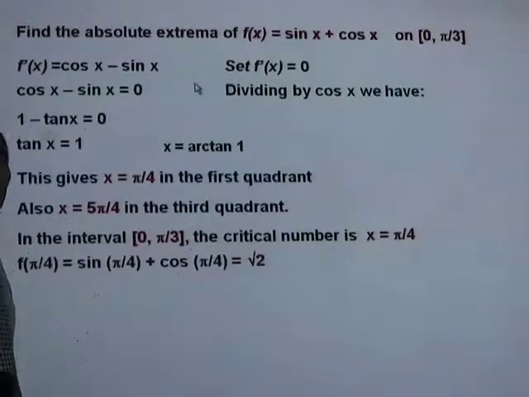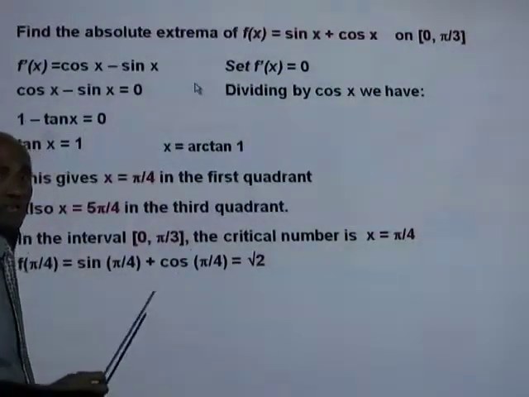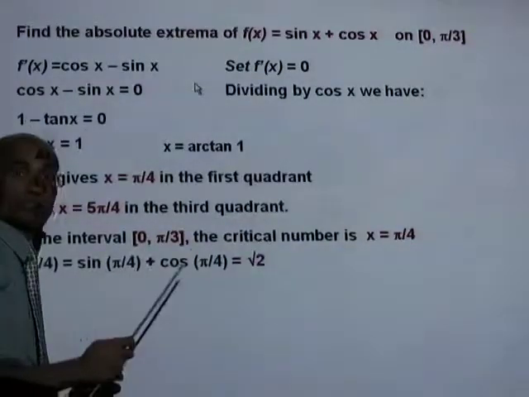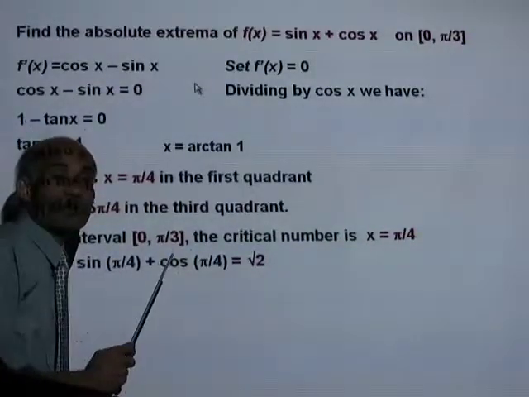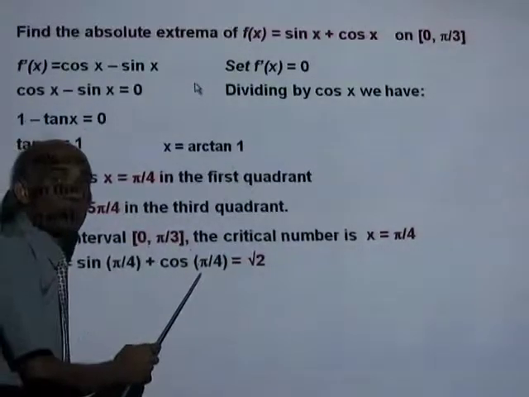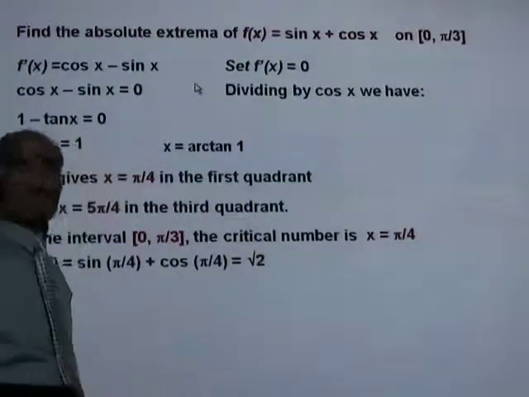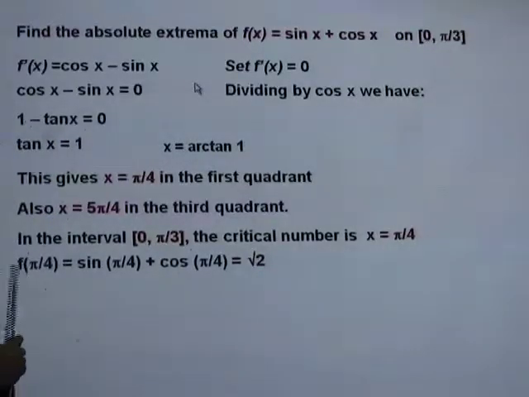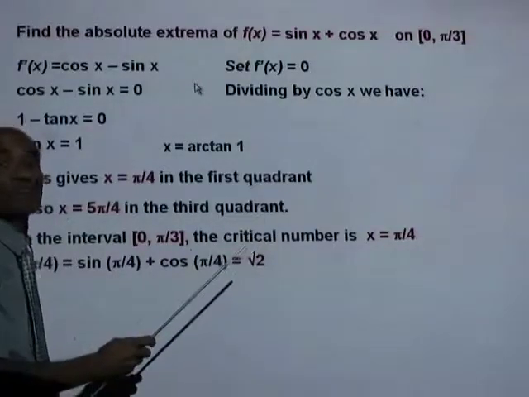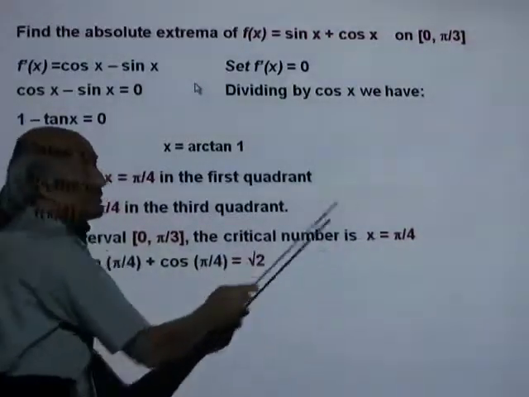Well, just some time ago I said sine of pi by 4 is root 2 over 2. Cos of pi by 4 also is root 2 over 2. So root 2 over 2 plus root 2 over 2 is root 2. The function value at x equal to pi by 4 is root 2. We found the value of the function at the critical number.